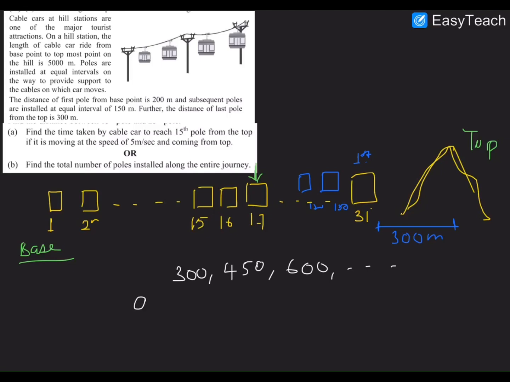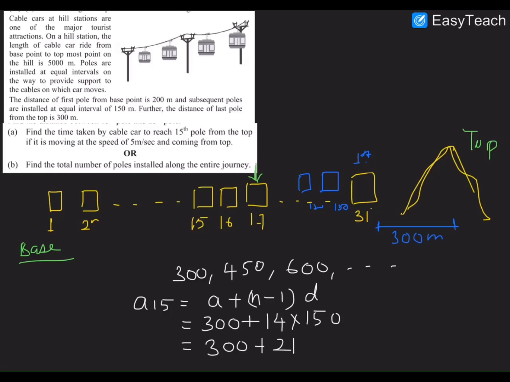Now from here you have to calculate A15, which is equal to A plus n minus 1 d, where A is 300, n minus 1 is 14, and your subsequent pole difference is 150. So 14 into 150 is 2100, which gives you A15 as 2400 meters.